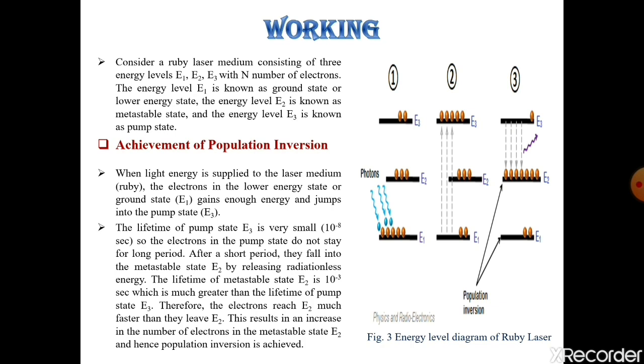The lifetime of metastable state E2 is 10 to the power minus 3 second, which is much greater than the lifetime of pump state E3. Therefore, the electrons reach E2 much faster than they leave E2. This results in an increase in the number of electrons in the metastable state E2 and hence population inversion is achieved as depicted in 3.